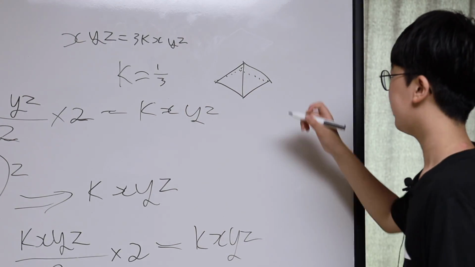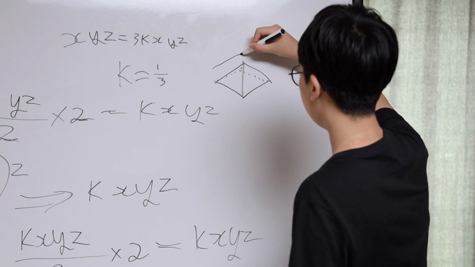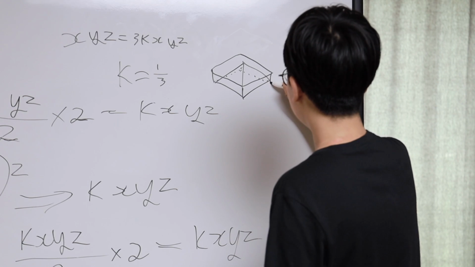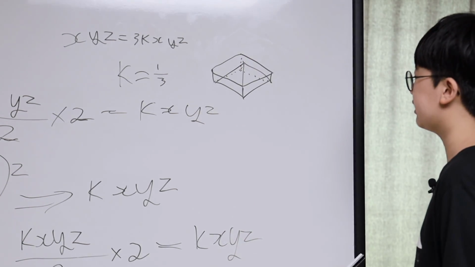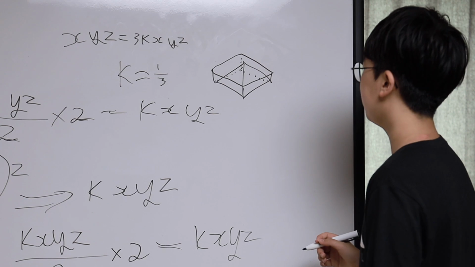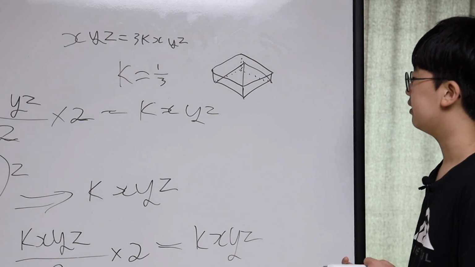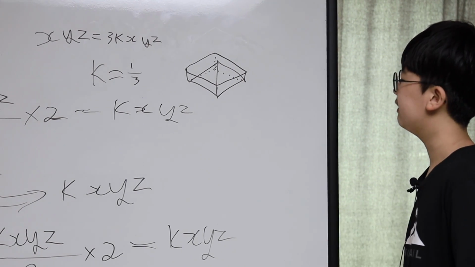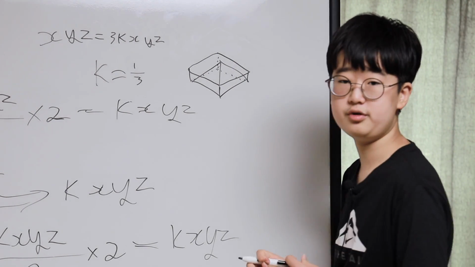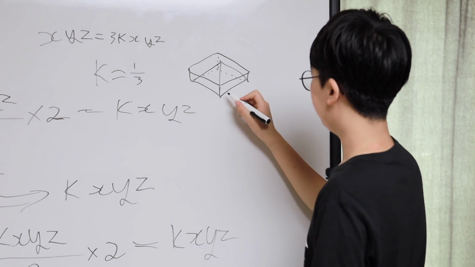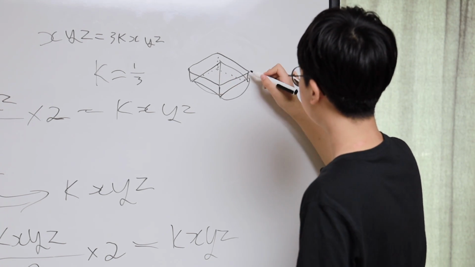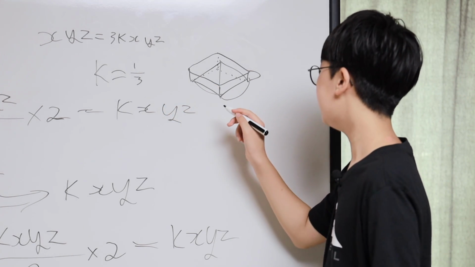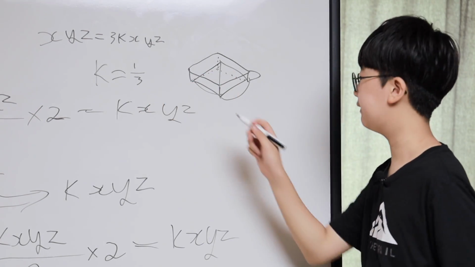We have a pyramid here, and what we normally do is draw a rectangle cube thingy surrounding it. So we have something like this here, and what we do to get the volume of the pyramid is, as you might know, multiply this part and the height of it, and then get a third of it, 1/3 of it.